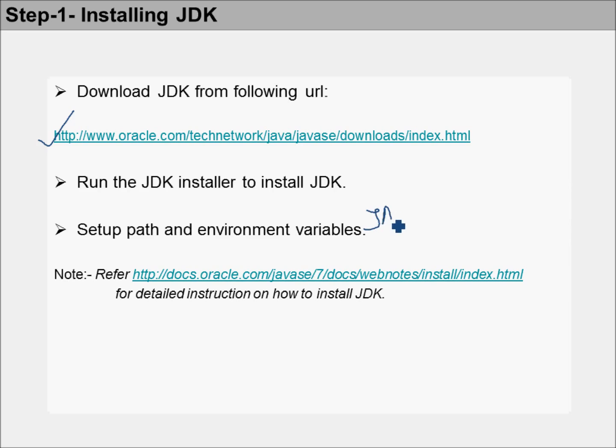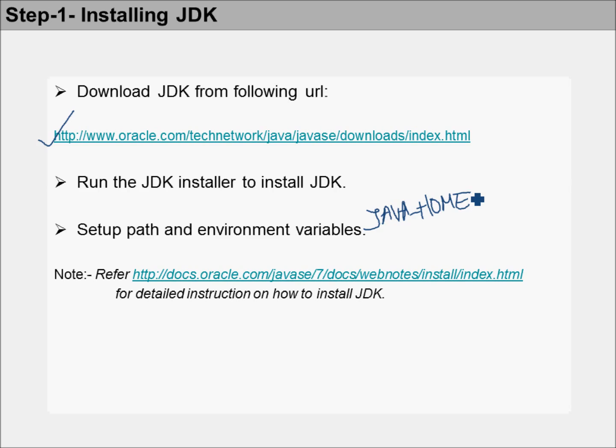You want to put this JAVA_HOME variable, and then you have to put the executable of this in the class path of your operating system. In case you are having trouble installing JDK itself, you can definitely go to that website link which I have provided here.